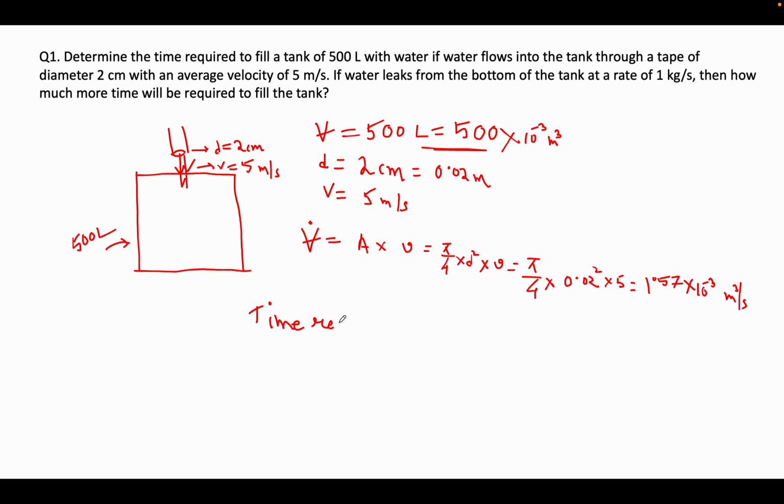the time that you will require, what will it be? It will be the total volume divided by the volume flow rate, which is nothing but 500 into 10 to the power minus 3 divided by 1.57 into 10 to the power minus 3, and you will get the time in seconds.